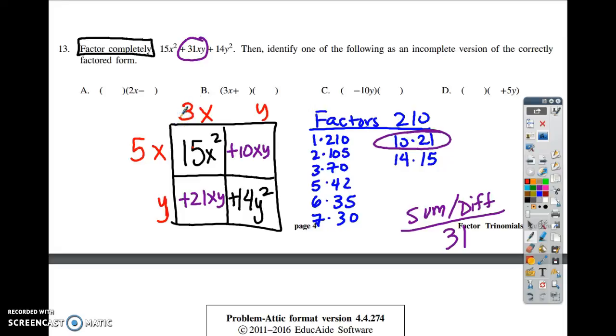Okay, and then you ask yourself, 5 times what gives you 10? Positive 2. And 3 times what gives you 21? Positive 7. And then 7 times 2 gives you 14. So everything works out. So your factors are 3x plus 2y and 5x plus 7y.